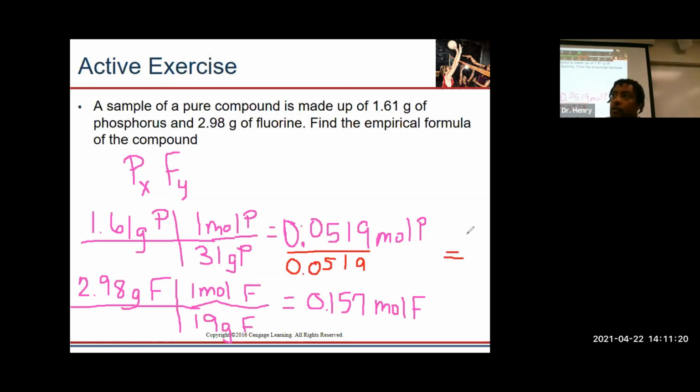Okay, that's going to equal 1 phosphorus. So what do I get for fluorine?